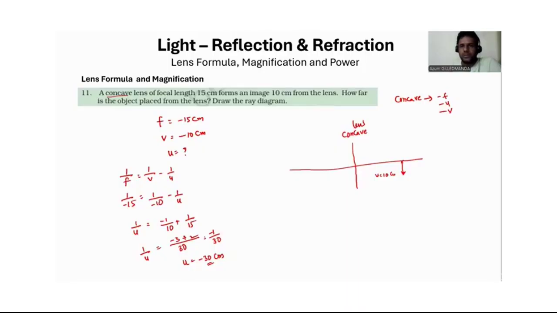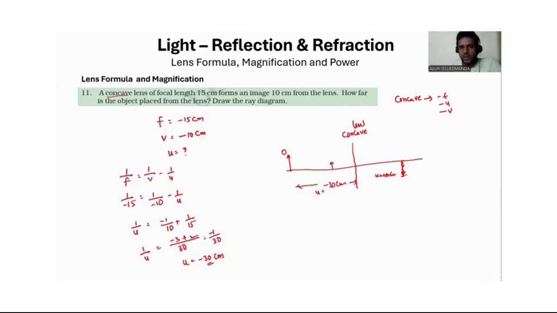Oh, sorry, guys. This is concave, right? So V is minus, so the image is also on the same side. Then what is U? Let's say I have the object here, and that is at minus 30 centimeters, guys. That is U. Then I have an image somewhere here.